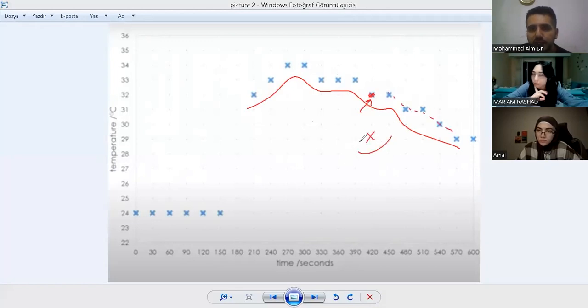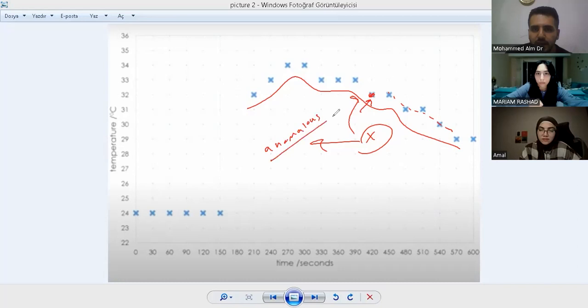This point that doesn't fit with the previous points, do you remember the name of it? Anomaly. Amazing. You took it in physics, right, Amel? So this point, guys, we call the anomalous point.